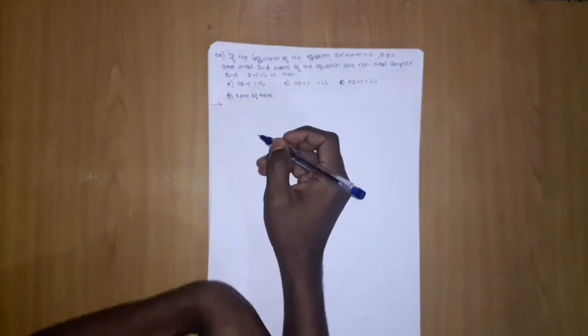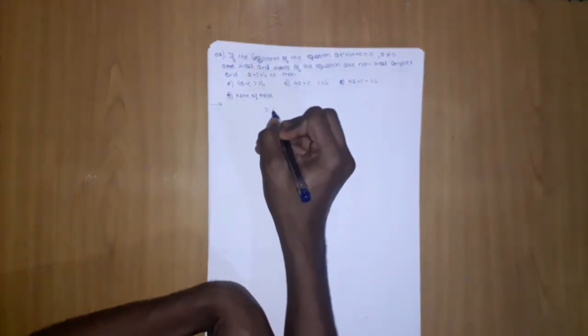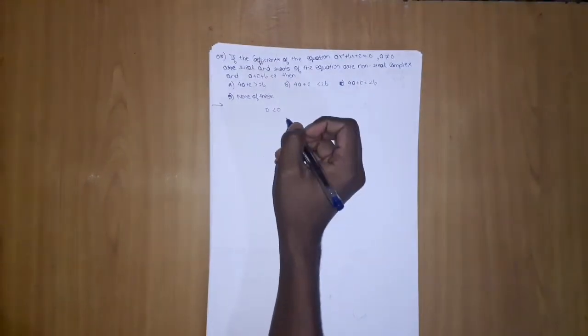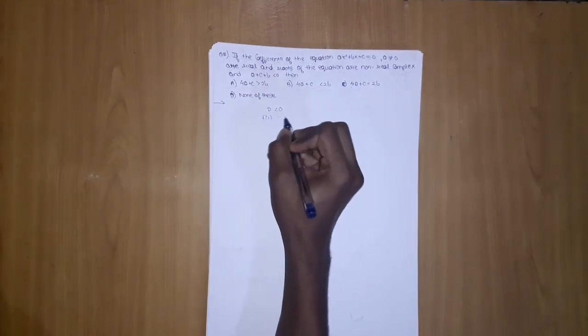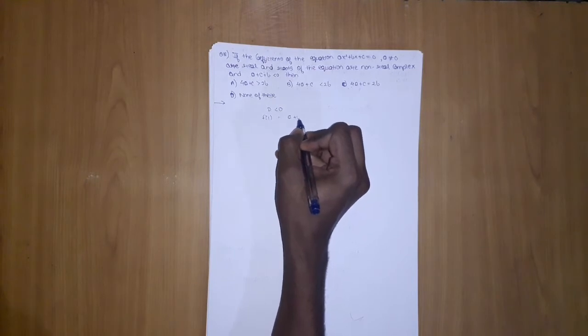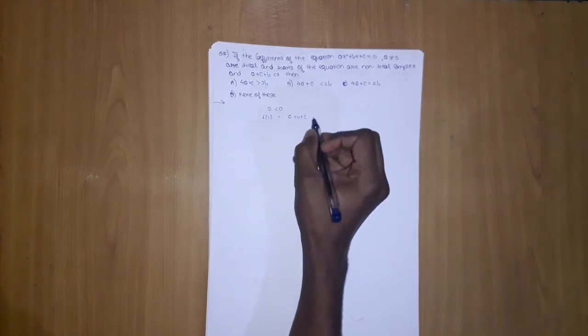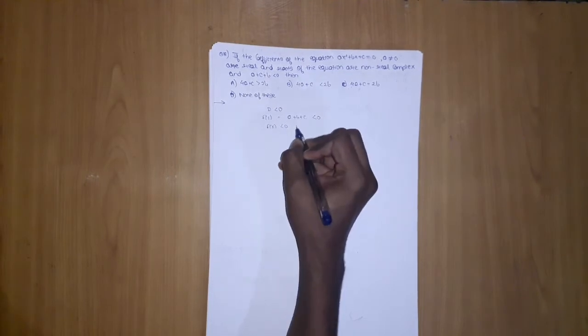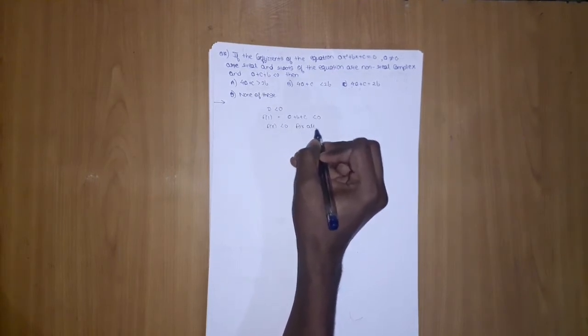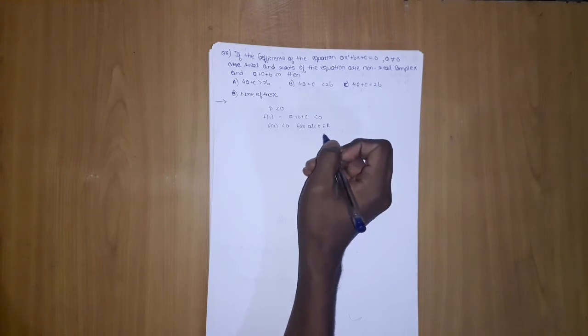Now if the roots are non-real, then D should be less than 0, right? But if we put f of 1, it becomes a plus b plus c, which is less than 0. So f of x is less than 0 for all x belonging to R.